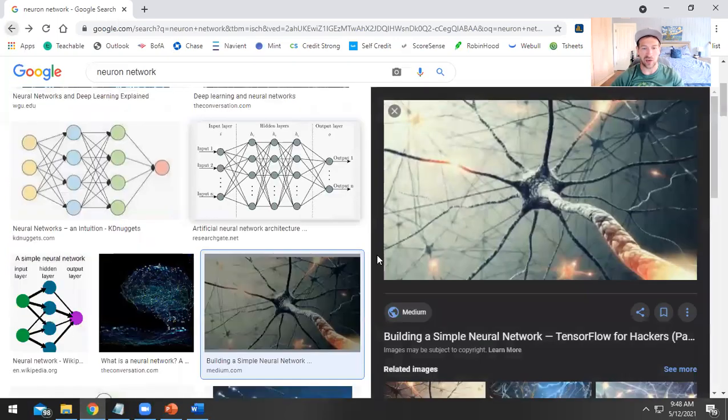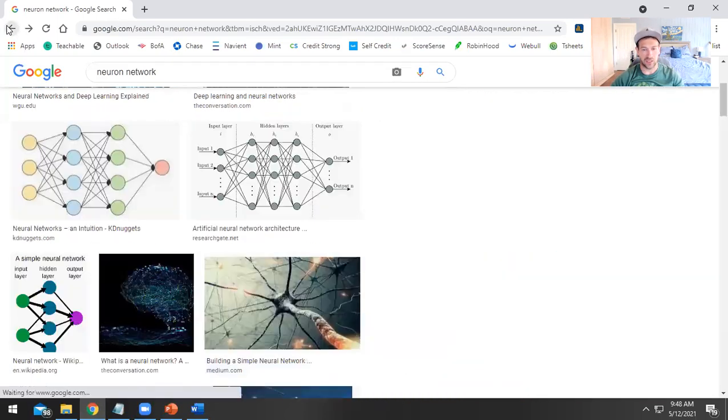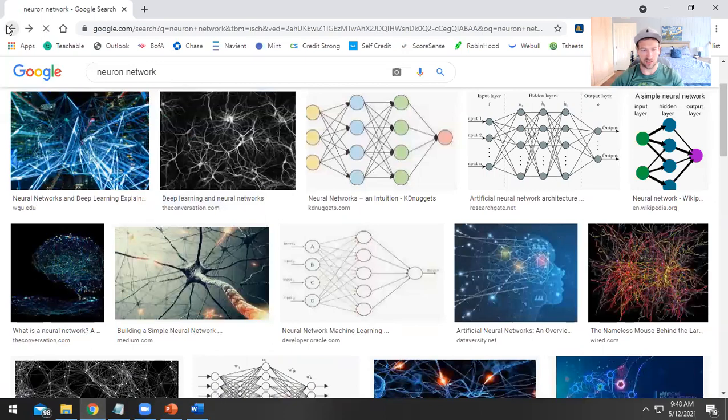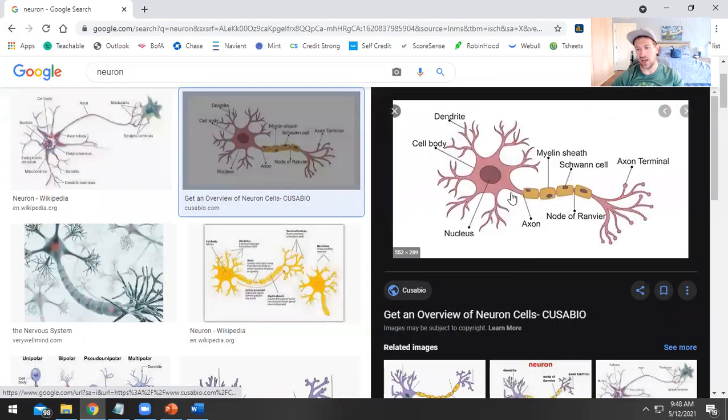So when you look at a neuron here and you see these big long tails, that is your axon. The axon is where an electrochemical signal is going to have to travel from place to place in order to get where it's going, because I need to be able to connect my brain to my big toe, and they are not close together. So I need to have a lot of axon length to be able to get it there.